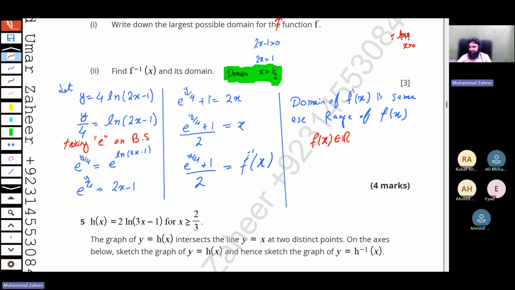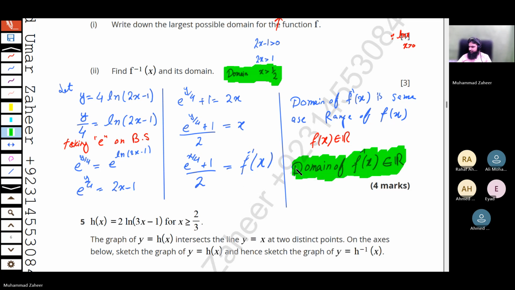Yes, everyone, is it clear? So we are going to get the range. So the domain of f inverse of x will be all real numbers. Any question?